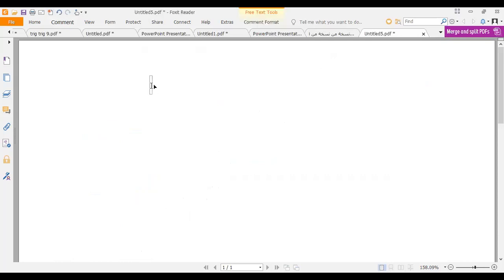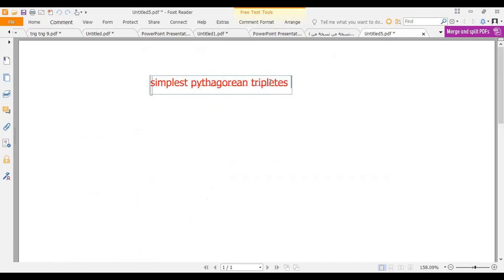The simplest Pythagorean triplets are 3, 4, and 5.